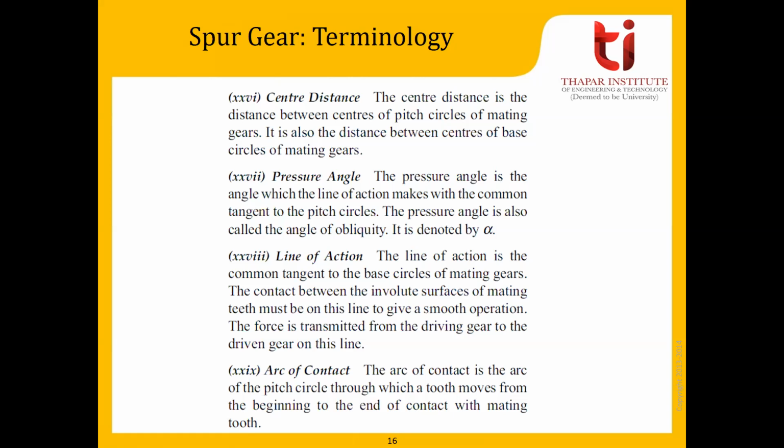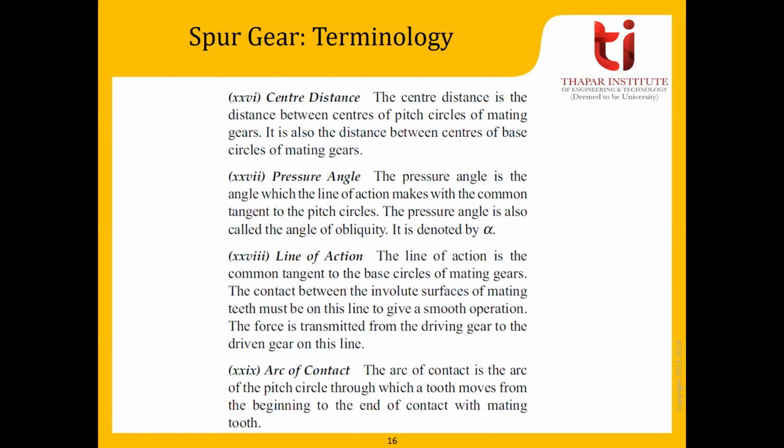So from here we can understand like both of the mating teeth, you can draw a common tangent at the point of contact, and you can draw a common normal at the point of contact, and the common normal is always tangent to both of the base circles of the mating gears.